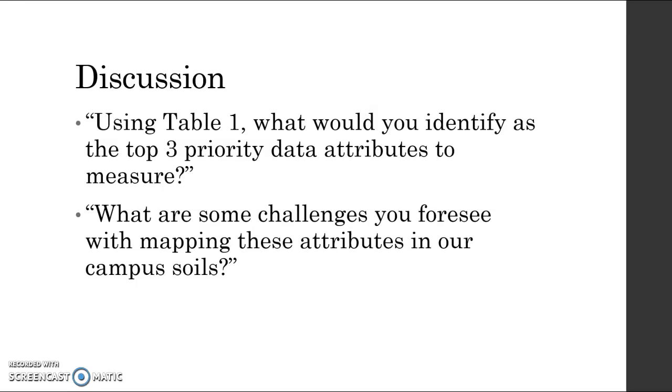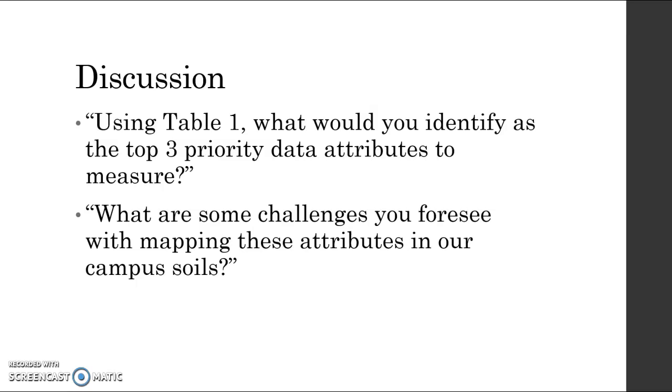This can be on the criteria of what's the most achievable data attribute to measure, or rather, what's the most important data attribute to measure. I know that this is a tricky question because there isn't one most important data attribute, but perhaps discuss what criteria you would select priority data attributes by.